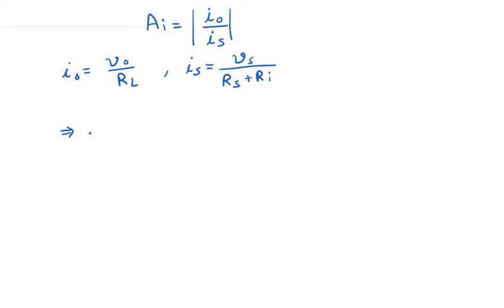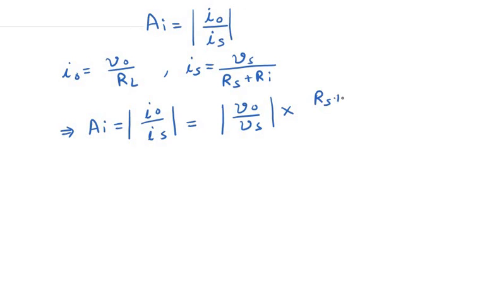So this current gain AI is basically mod of I0 divided by Is, which gives us mod of V0 divided by Vs times Rs plus Ri divided by RL.